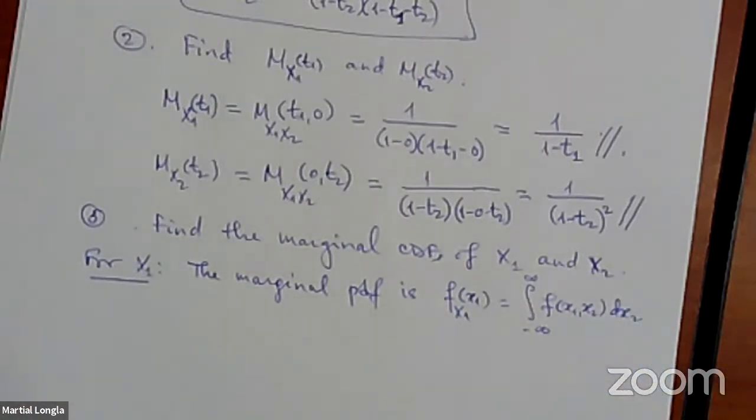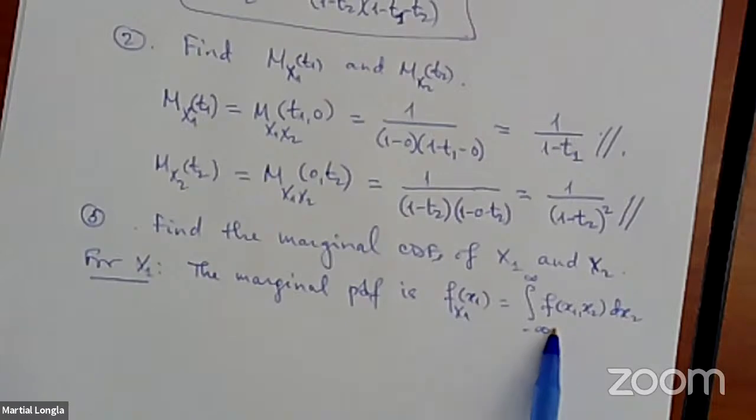This is how you find the marginal PDF of one of the two random variables, by integrating the joint PDF with respect to the other variable. And the same issue that we just had comes back.